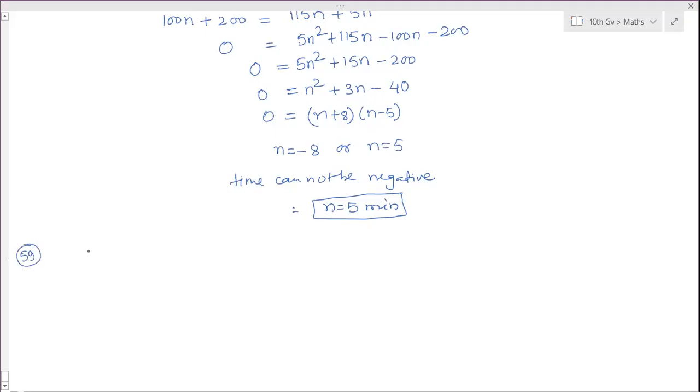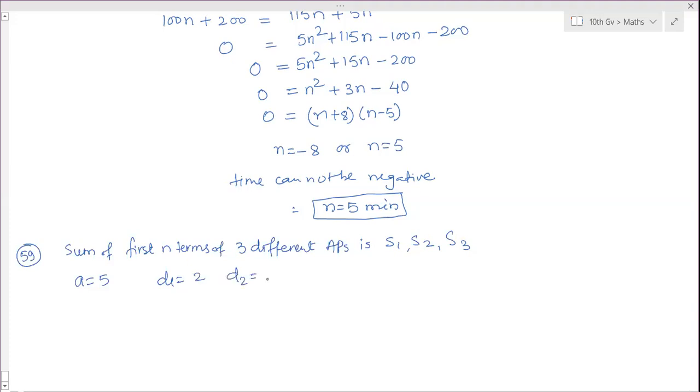The sums of the first n terms of 3 different APs are S1, S2 and S3. The first term of each is 5, and the common differences are d1 equal to 2, d2 equal to 4, and d3 equal to 6.